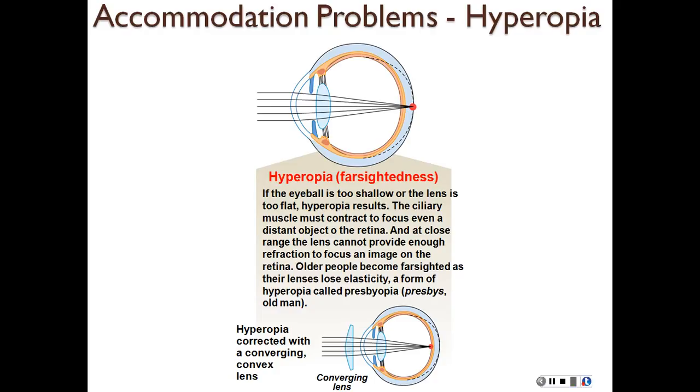So that could be somebody who had perfect 20/20 vision at some point, but then when they get older, their eyeball isn't changing shape. The problem is the lens, which is supposed to bend the light onto the retina, loses its elasticity, so the image is not falling where it's supposed to. And that is called presbyopia, the farsightedness that we see in older people.